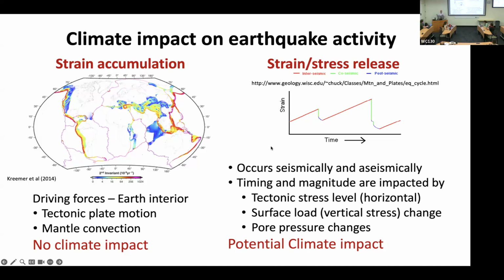However, the release of the stress can be very much affected by what happens on the surface. The tectonic stress is accumulating, but the release can happen due to surface load changes or pore pressure changes. And this is how climate can impact earthquakes.